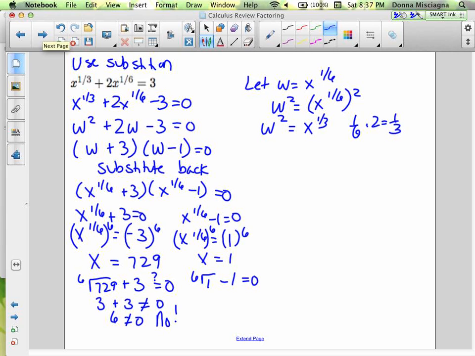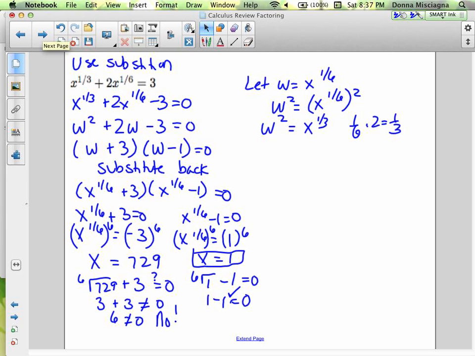Well, any root of 1 is 1, and 1 minus 1 does equal 0. So this one checks out, and that's a good solution. So just one solution here. You can get false solutions when you raise to an even power, because the even power makes everything positive.